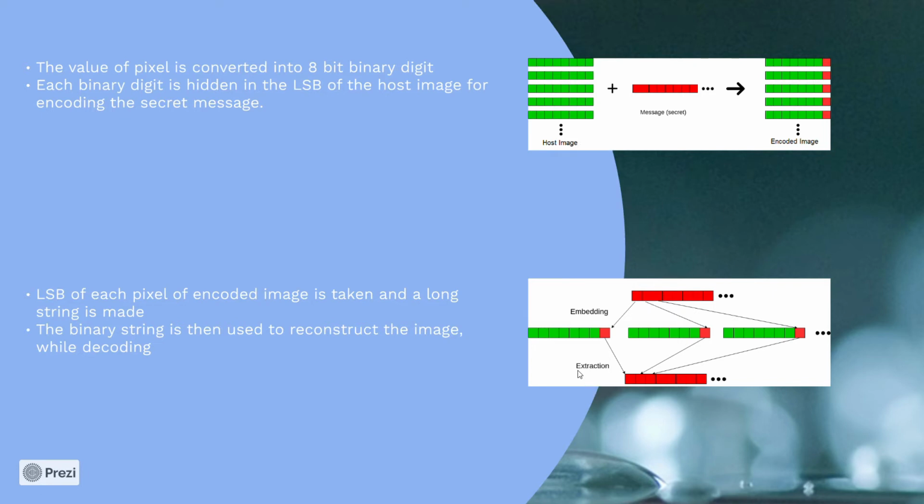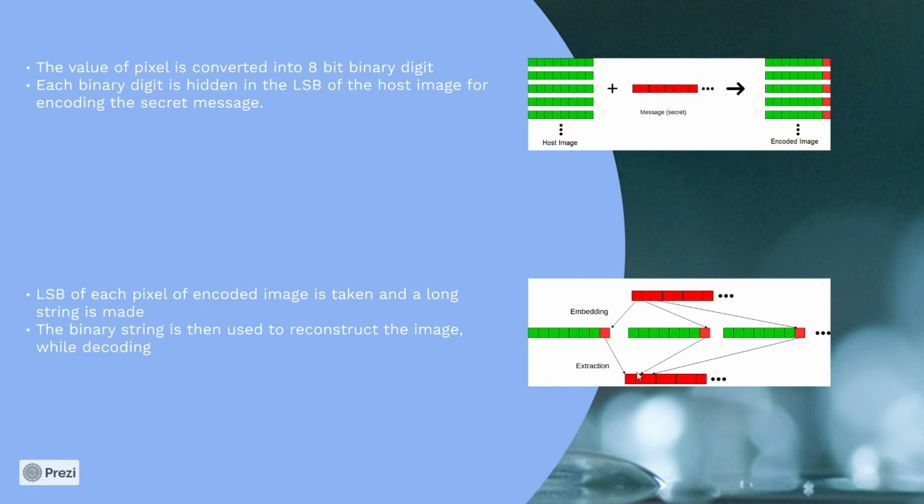Now for extracting the hiding image from this encoded image, we just do the reverse of this process. We collect the last bit of each of the pixels of the encoded image.